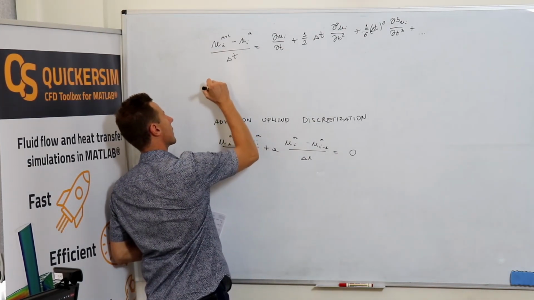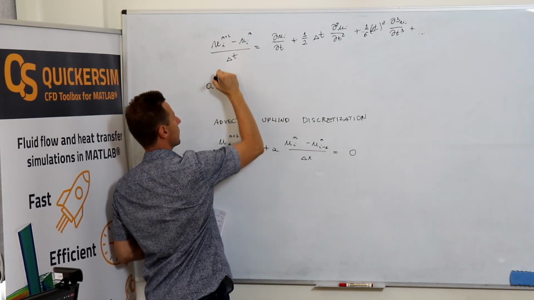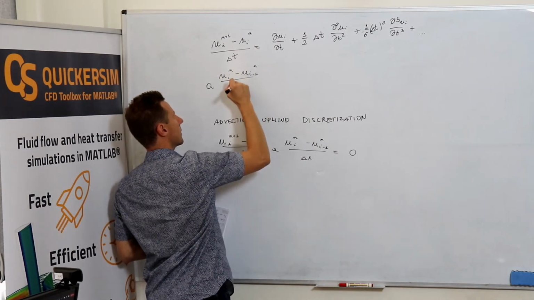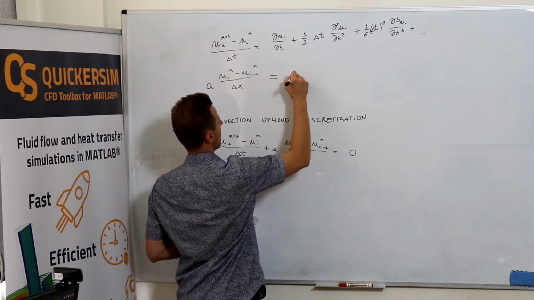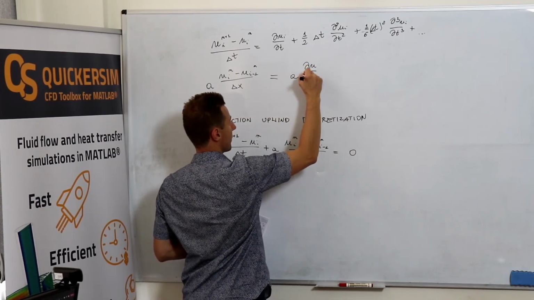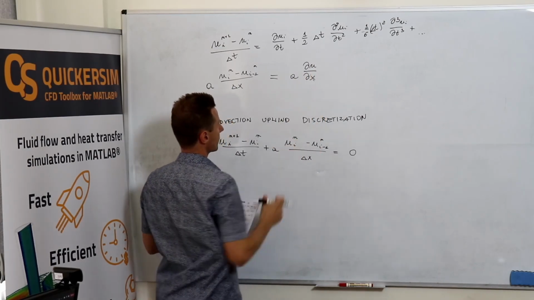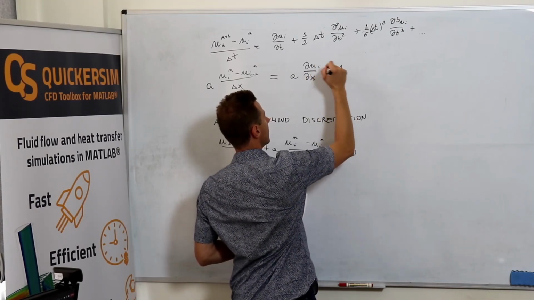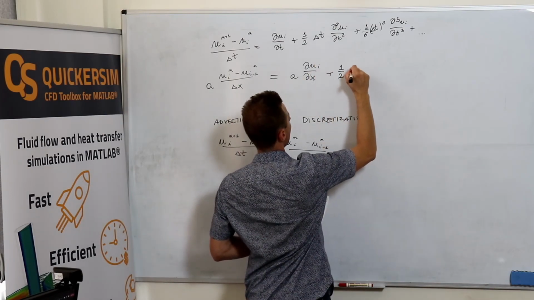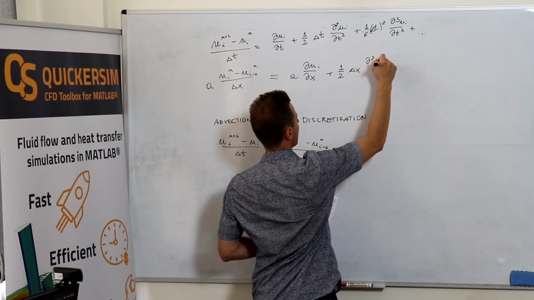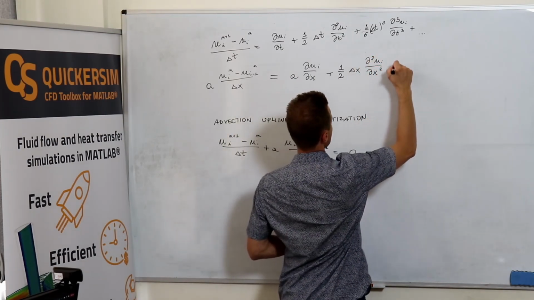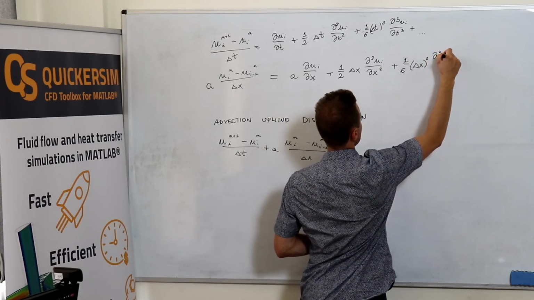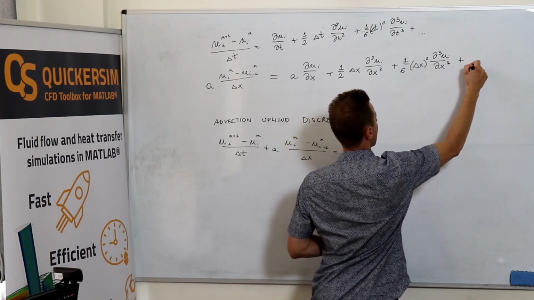And here, following the same procedure as here, we would see that I n minus I minus 1 n divided by delta x equals a times the derivative that we really want to represent, plus 1/2 delta x second derivative of u with respect to x plus 1/6 delta x squared third derivative of u with respect to x plus.